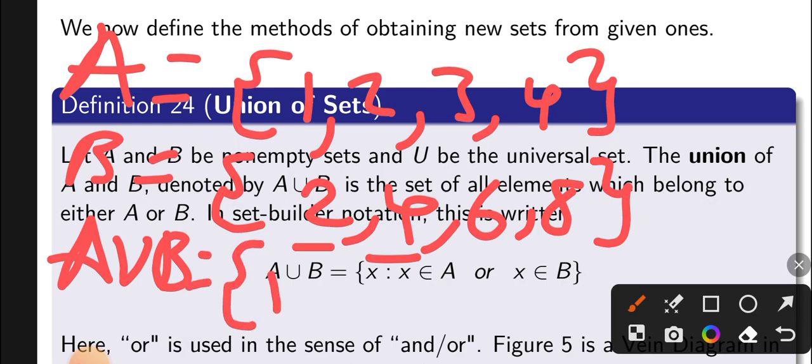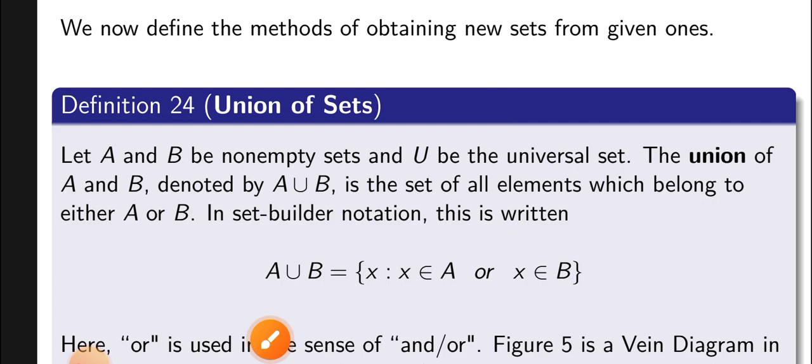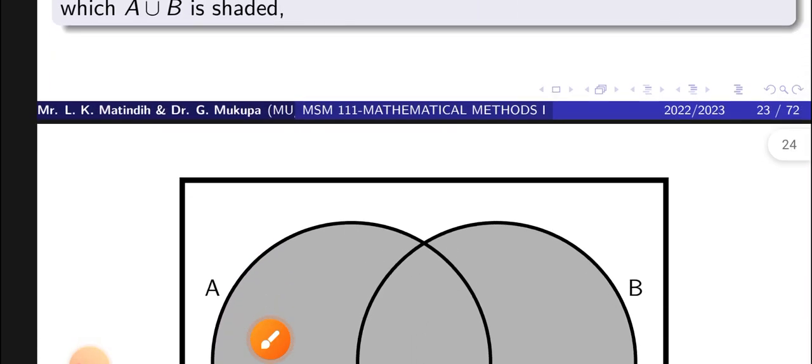So you say 1, 2, 3, 4, 6, 8. You close. So that's all about the union.